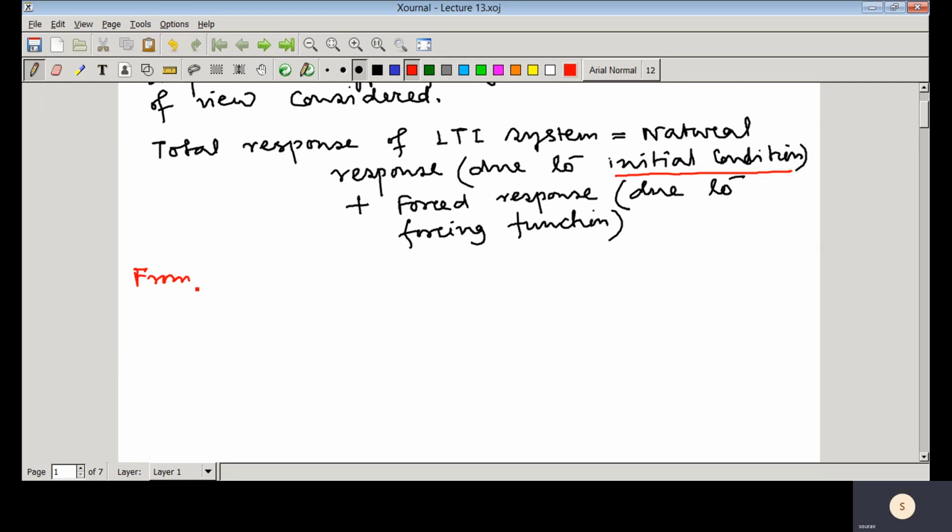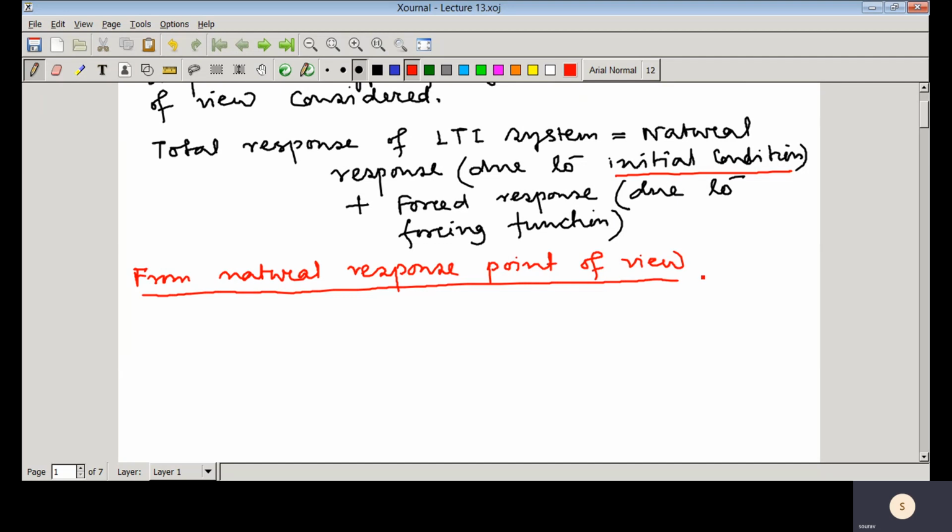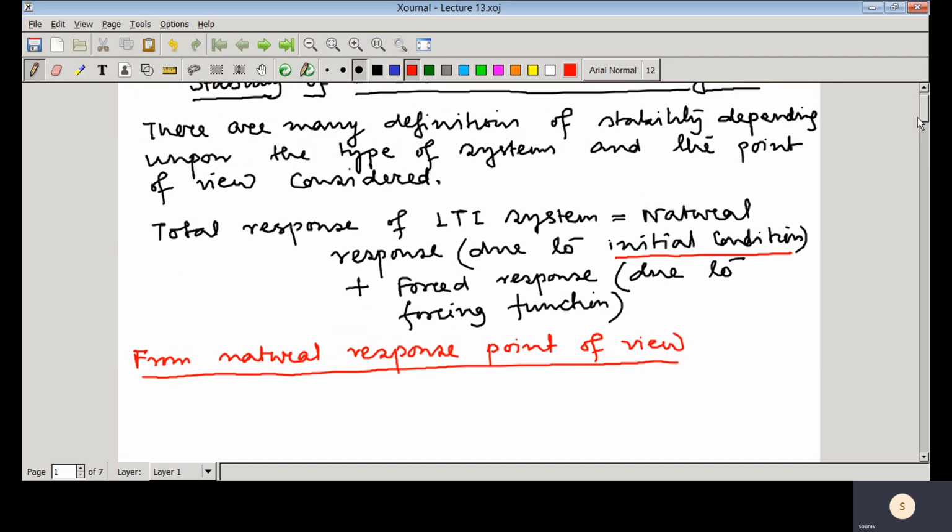So from the natural response point of view, whenever we start discussing stability, I point out what point of view we have considered.